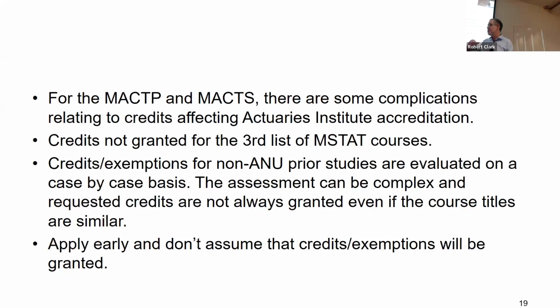One of the main reasons students often do these degrees is to try to get some institute exemptions. And so as part of our process of accrediting our degrees with the institute, we won't let you opt out of courses that are associated with institute exemption, unless you've done study at another institution that is accredited with the Actuaries Institute.